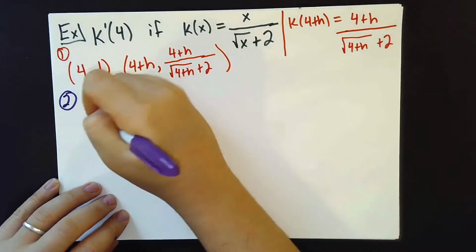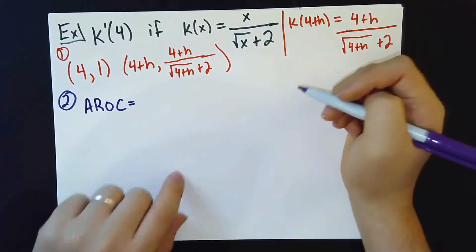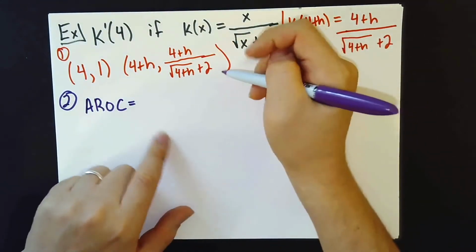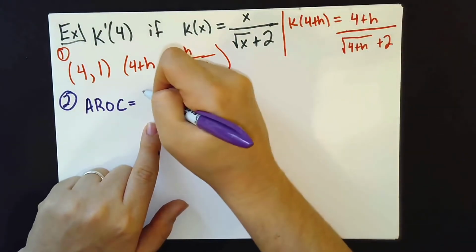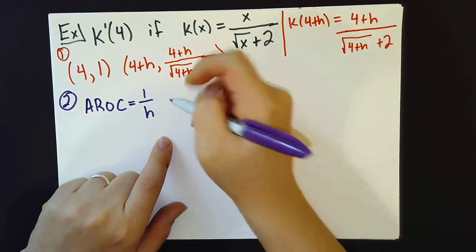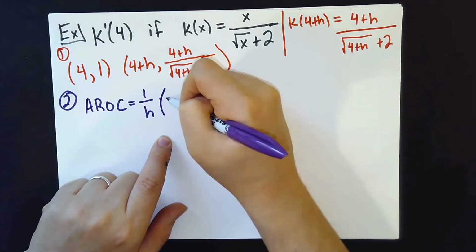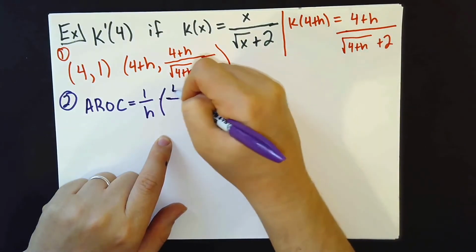And what's our average rate of change? Our average rate of change is, and because this is a fraction again, I'm going to go ahead and put the h that's going to end up in the denominator as a 1 over h out front to start with. But you don't have to if you don't want to.